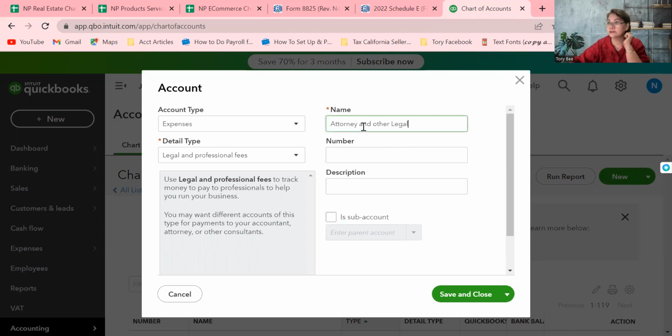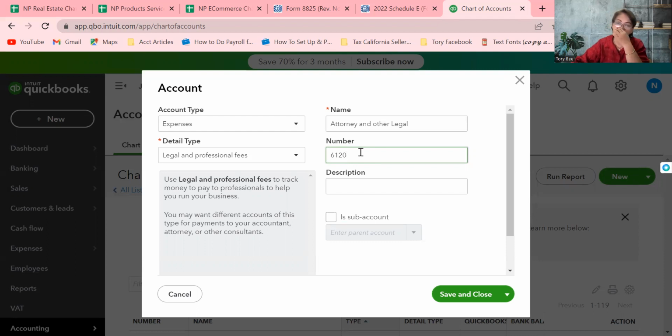Let us see the number. The other one is 6110, so this one is 6120.